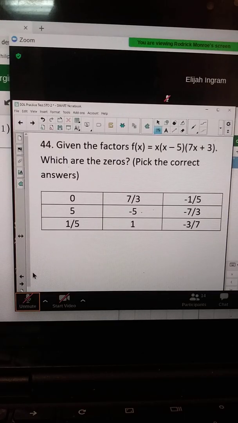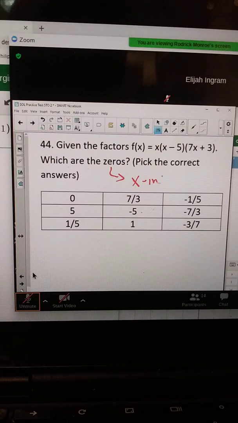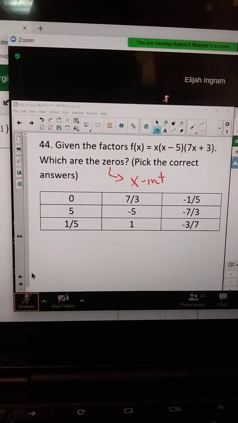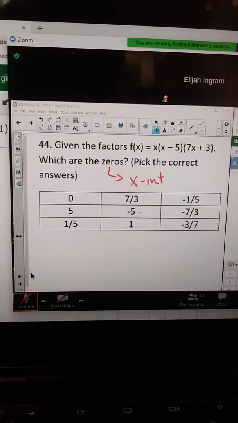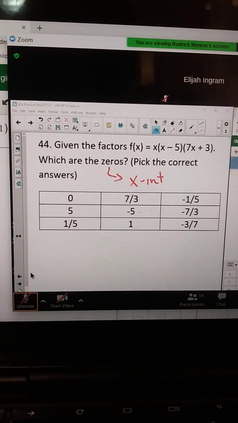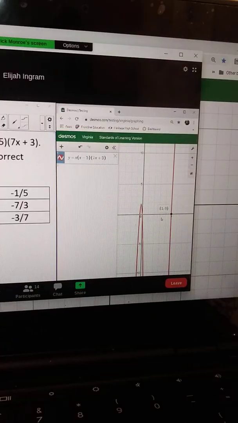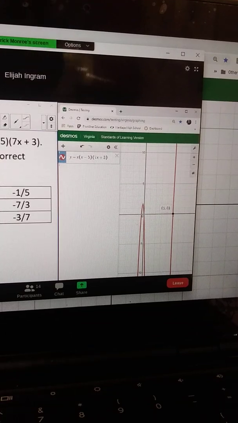Now, this is given the factors of this function. What are the zeros? What's another name for zeros? Thank you, x-intercepts. So what we got to do is plug this into Desmos and find the x-intercepts, and we got the answer. Five, 0. So that means the first answer is 5 was the x.